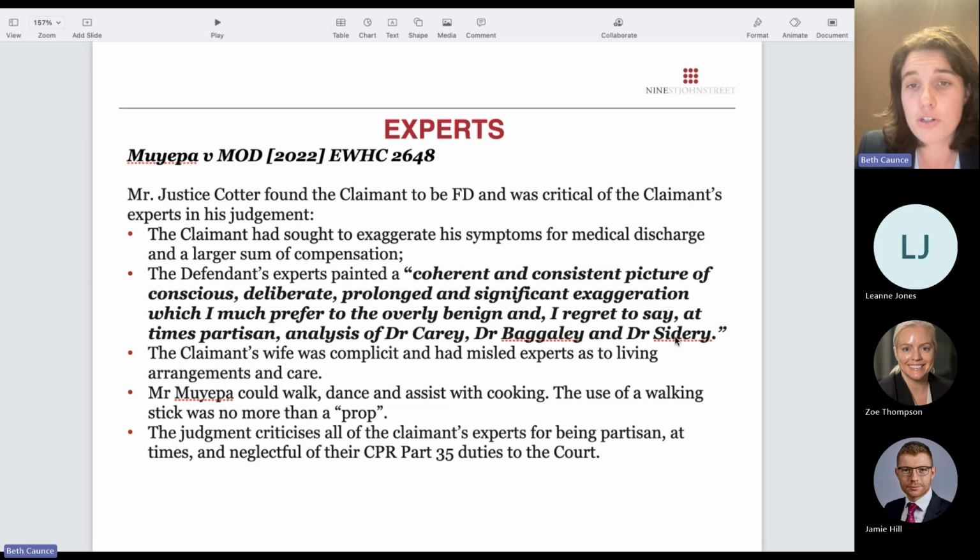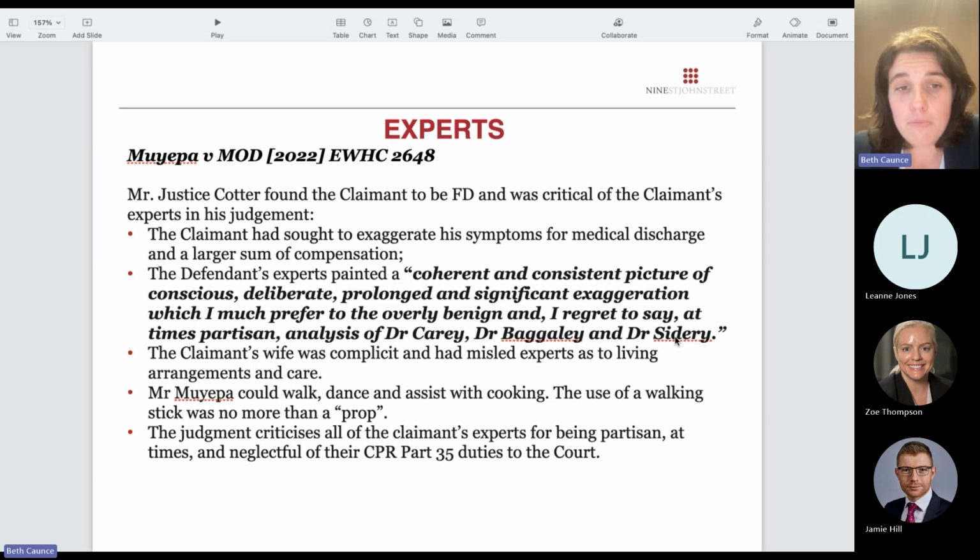The quote that I've produced on the slide is that the defendant's experts painted a coherent and consistent picture of conscious, deliberate, prolonged and significant exaggeration, which I much prefer to the overly benign, and I regret to say at times partisan, analysis of the claimant's experts.